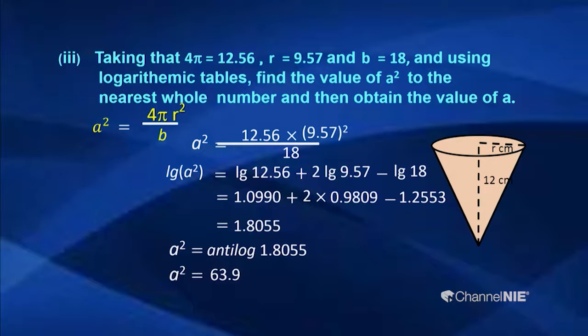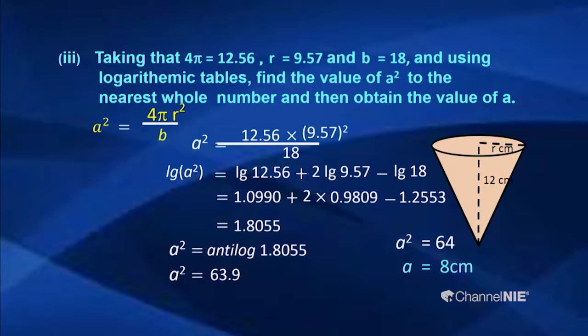But in this question they ask to find the value of A to the power 2 to the nearest whole number. But it is a decimal value, no? Taking that to the nearest whole number, A to the power 2 equals 64. Right.